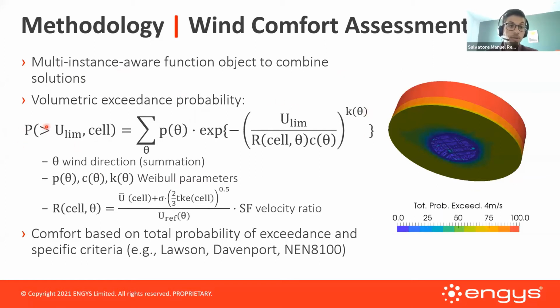P is the total probability of exceeding the U limit given by the criteria, and there is a sum over the wind directions, and P, C, and K are Weibull distribution parameters, and R is the so-called speed ratio, the ratio between the local velocity and the reference velocity. There is some correction in this form or in other forms, which takes into account turbulent gust winds. Different comfort criteria can be chosen, like Lawson, Davenport, and NEN 8100.